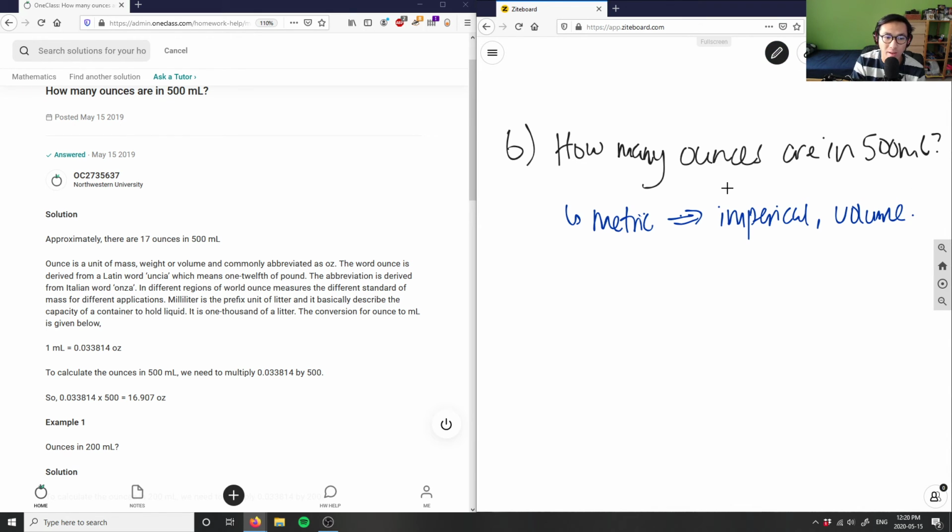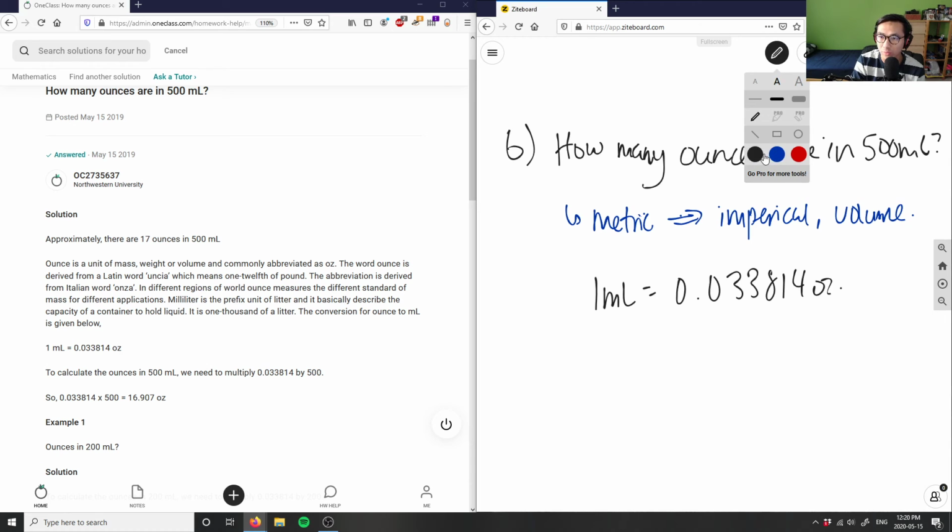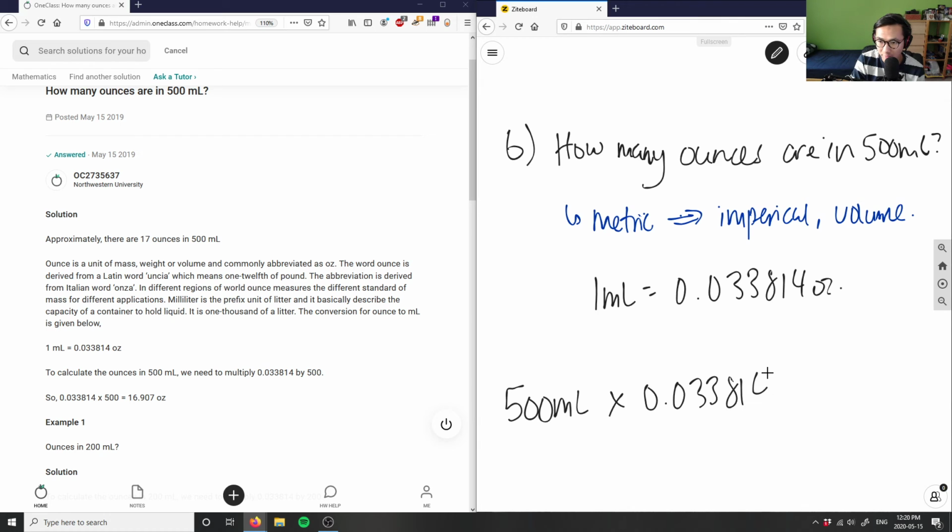And we know that 1 ml, our conversion factor, is 0.033814 ounces, right? So if I want to convert this, I have 500 milliliters here, and in 1 milliliter, I have 0.033814 ounces. I want the units in the numerator over 1 milliliter here.